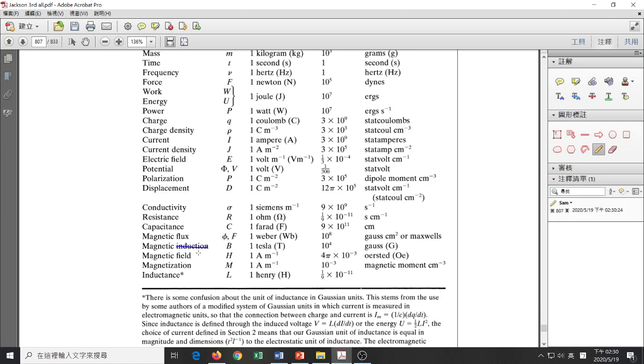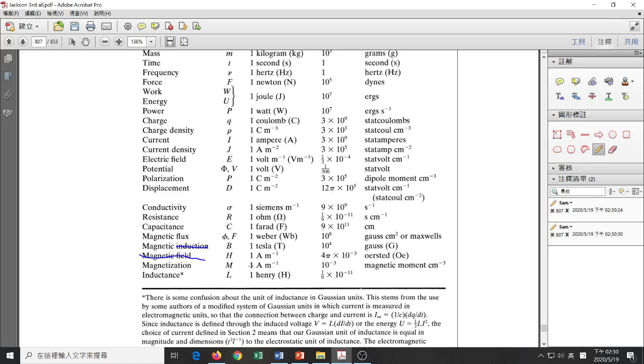We just say magnetic field, B. This is the H field. Okay. And interestingly, G and Oe look different.